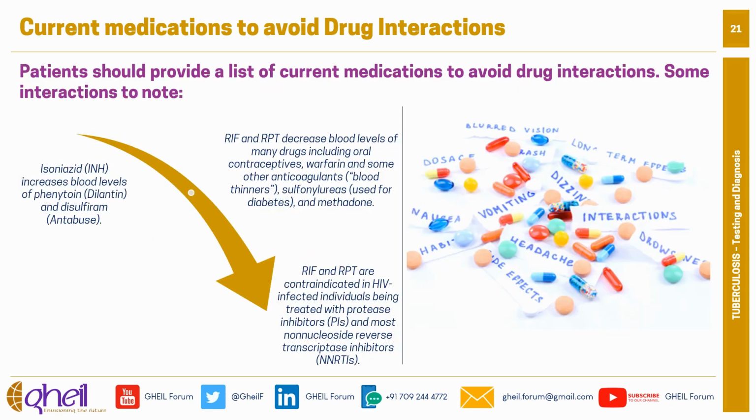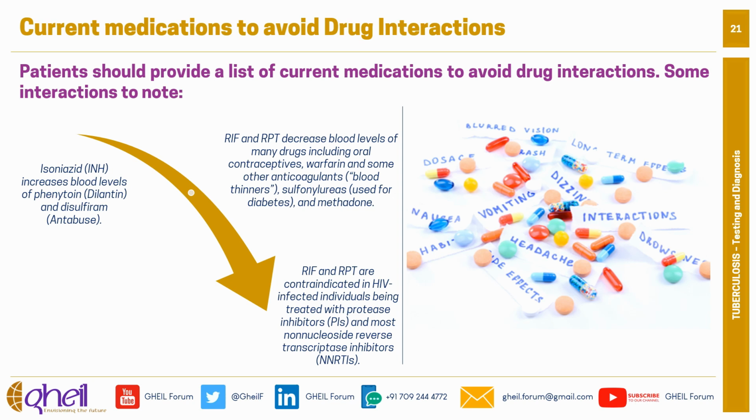Current medications to avoid drug interactions. Patients should provide a list of current medications to avoid drug interactions. Some interactions to note: isoniazid, INH, increases blood levels of phenytoin, Dilantin, and disulfiram, Antabuse.